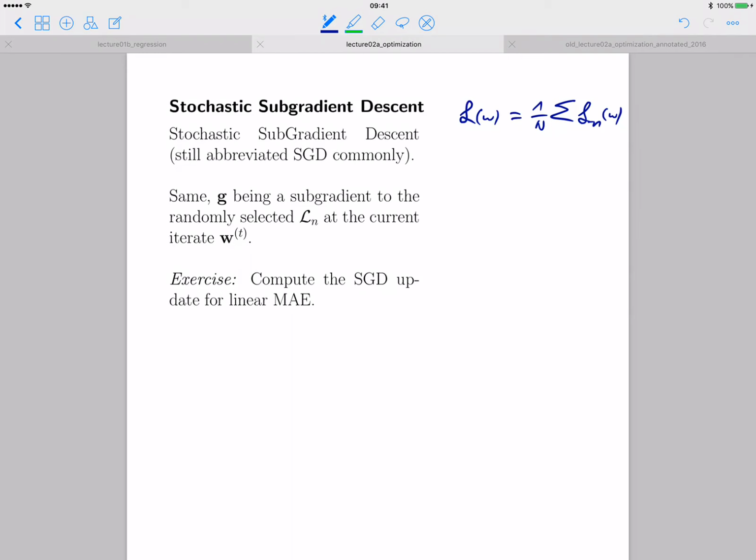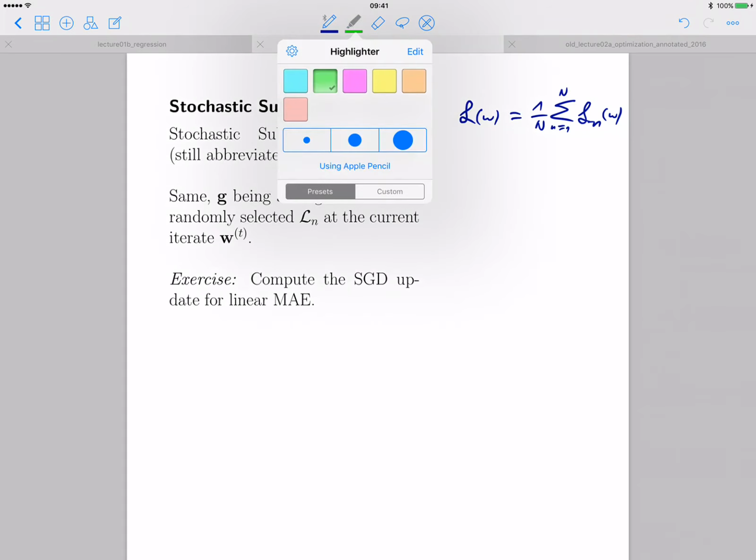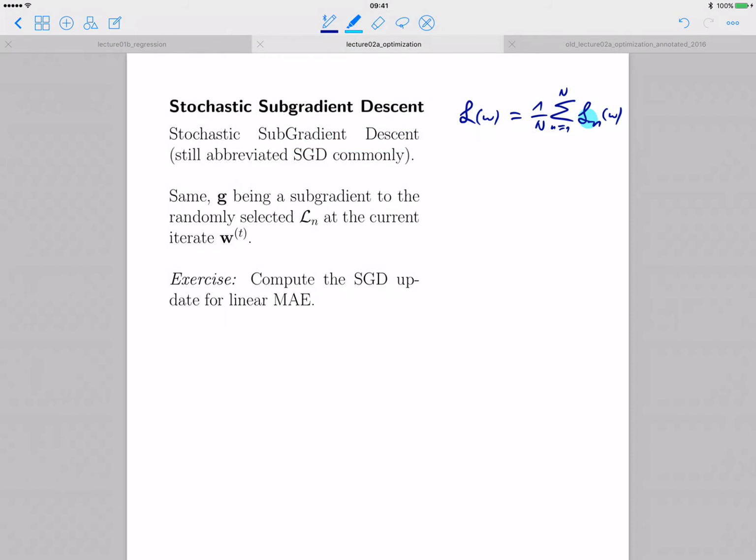So it's really the exact same thing as we had for stochastic gradient descent. We can again apply it the same way. So you select one of these randomly, and you use a subgradient of that one function. So this is very useful.